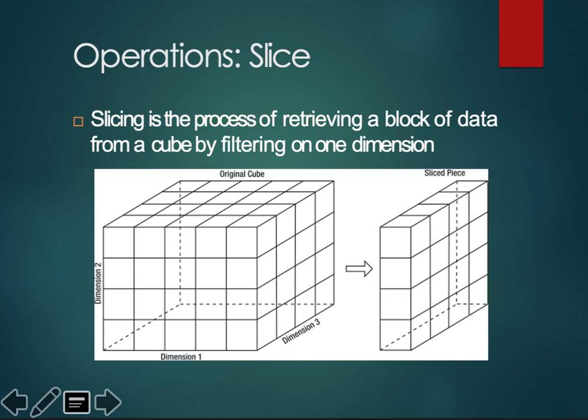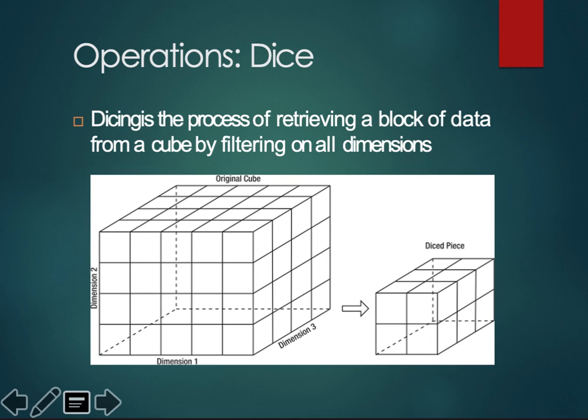So by slicing the original cube, you get a slice of the piece. Alternatively, we have dice. Dicing is the process of retrieving a block of data from a cube by filtering on all dimensions. This is basically a segment or a large chunk of the dimensions that has been retrieved.